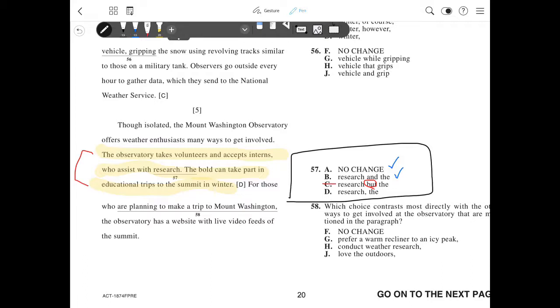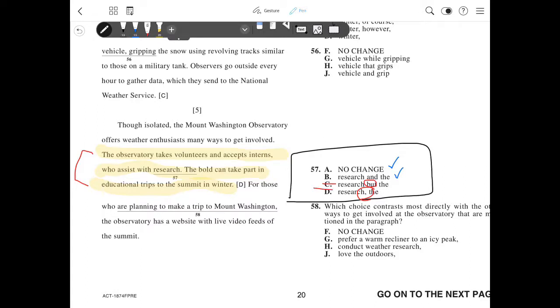Now we're going to read it with D. The observatory takes volunteers and accepts interns who assist with research. The bold can take part in educational trips to the summit in winter. So that's definitely clearly wrong because there's no conjunction. It's basically like a fragment or some sort of run-on sentence, and that's not allowed because whenever you use a comma or you have two sentences that want to be connected together, you need some sort of conjunction, and D does not have any of that.